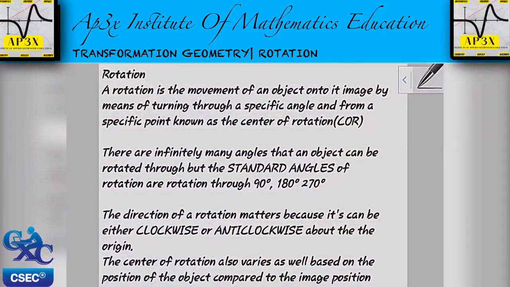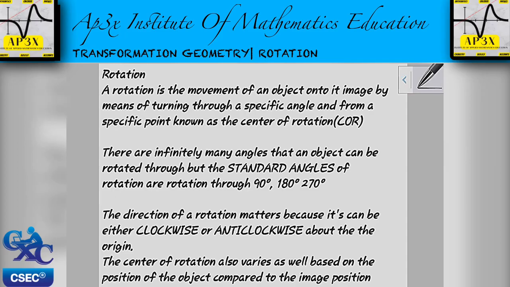So traditionally, we're going to start off with our definition for rotation. The definition that I use when teaching my students is that a rotation is the movement of an object onto its image by means of turning. Now, there are 3 things that you must consider when you are required to rotate an object.